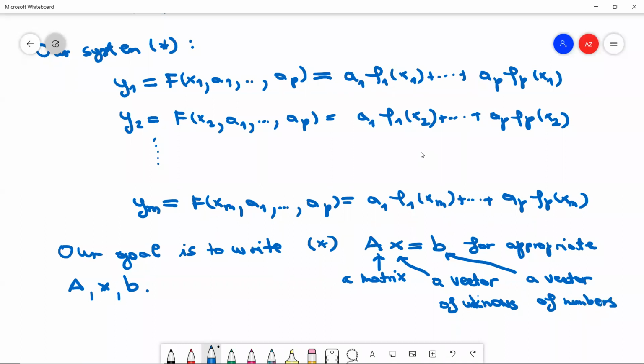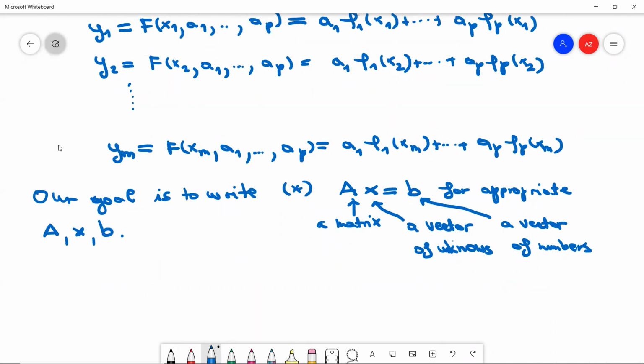Can we put all the phi's in the A matrix and all the a1 to ap in the x vector? Yeah, this is exactly true. Because as we've said before, our unknowns are those parameters, a1 up to ap. So this is our vector of unknowns. And then what's left are the coefficients which are put in the matrix A. And the vector, which is already a determined vector of numbers, are those y's.